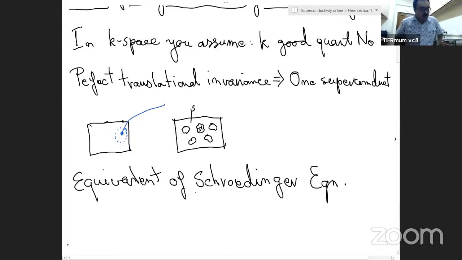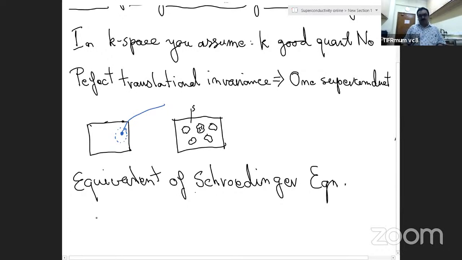However, here things turn out to be not as easy because you have electrons and holes that have gotten coupled together to form something which is a Bogoliubov quasiparticle. So now I have a strange Schrodinger equation where the electron and hole are not independent, but they are coupled to each other.